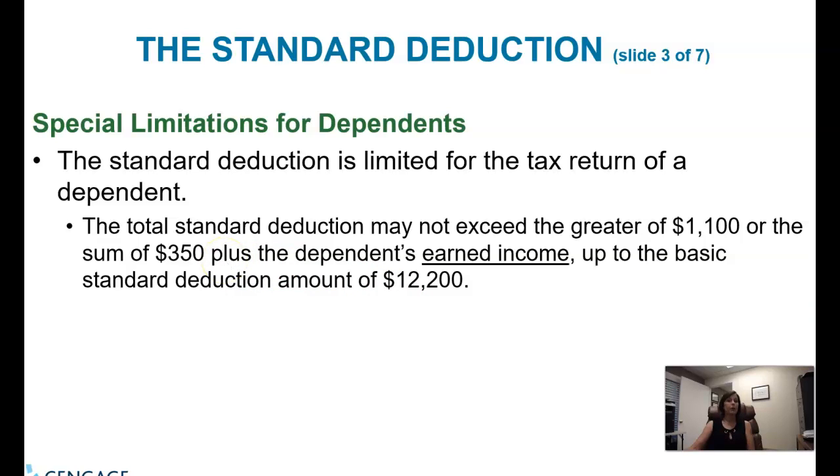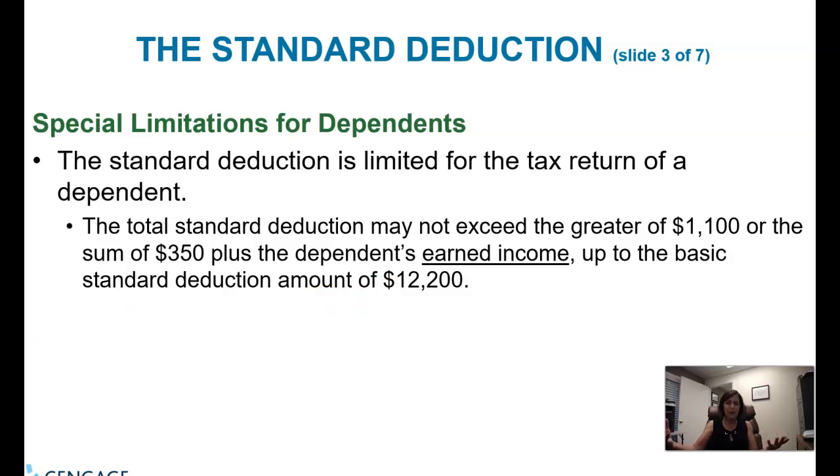What is established is that the child's standard deduction cannot exceed the greater of $1,100 or the sum of $350 plus the dependent's earned income, up to the basic standard deduction of $12,200.